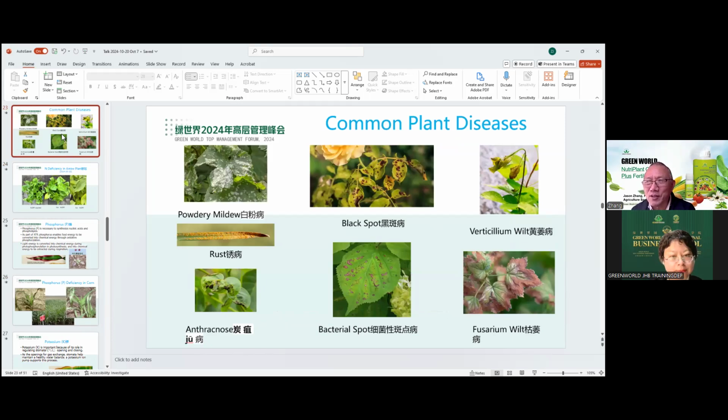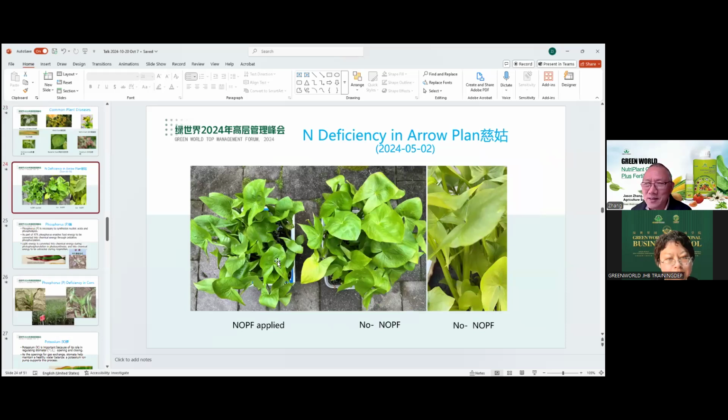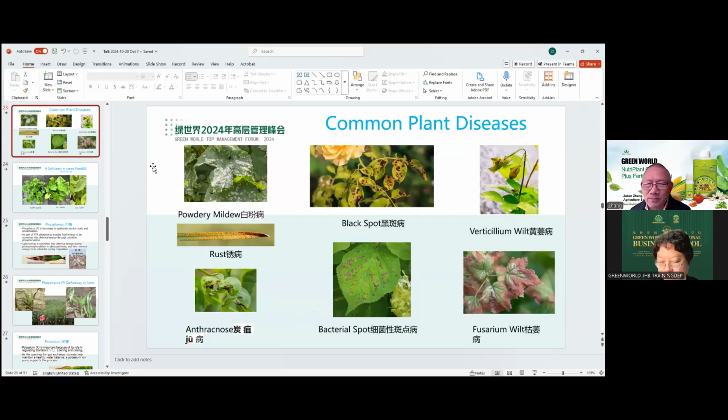This is all plant diseases. How can you tell if it's disease or nutrient deficiency? Nutrient deficiency is like this: the leaves are uniform, continuous. You don't see any localized stuff. For this, you see a lot of spots.